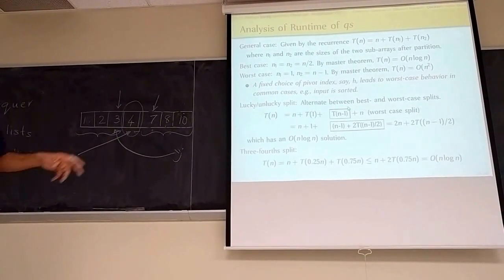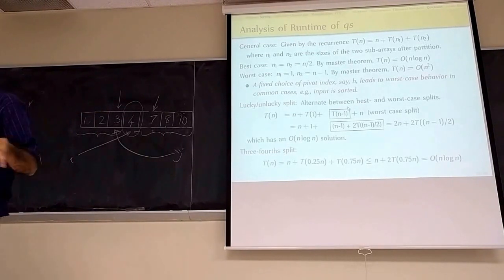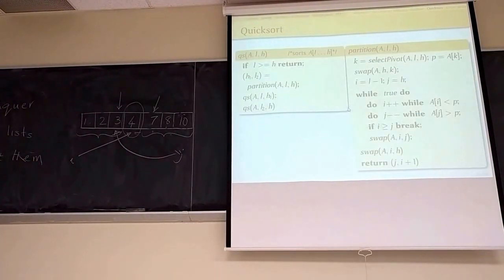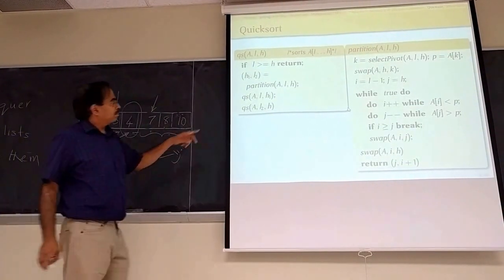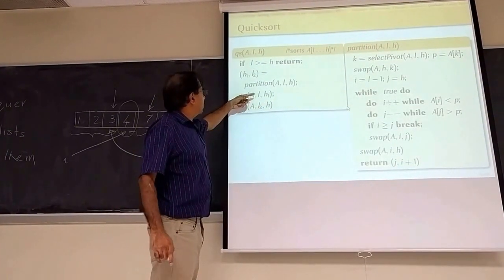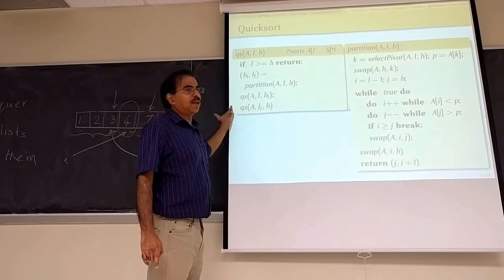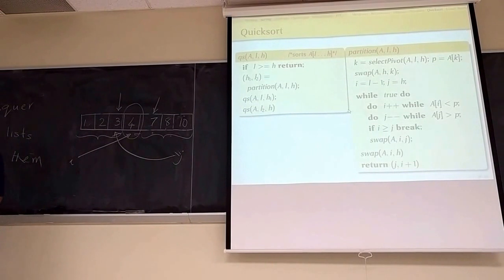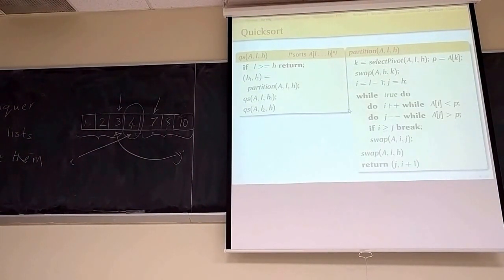Okay? So what happens is that you have quicksort calling itself recursively, except that in the case of merge sort, we are able to say both are n by k. Here we don't know. Wherever i and h happen to cross over determines the size of the first partition and the size of the second partition.